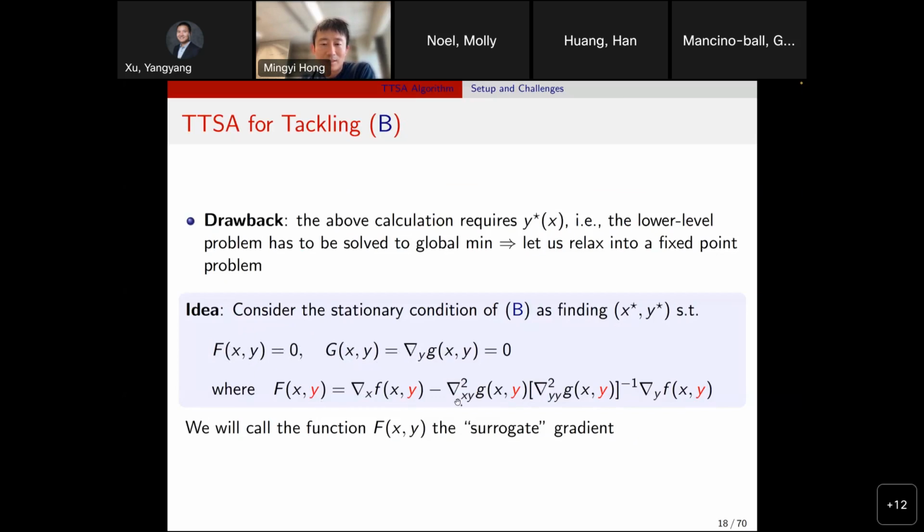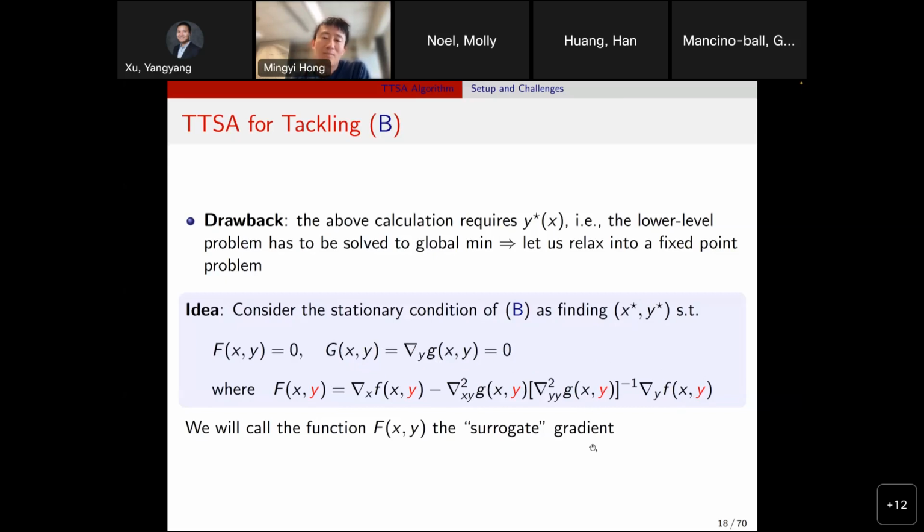So it's basically the gradient for the upper level problem that we just calculated, and g is a lower level system, which is basically the partial gradient with respect to y, and I want it set to be 0. Right? So basically, we want this gradient and this gradient to be set to 0 at the same time.